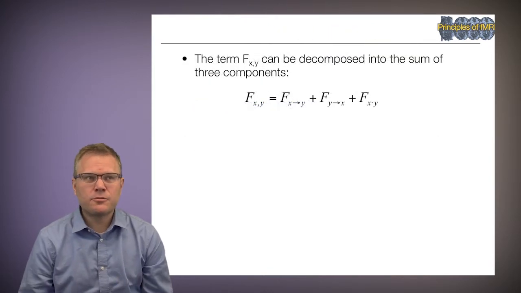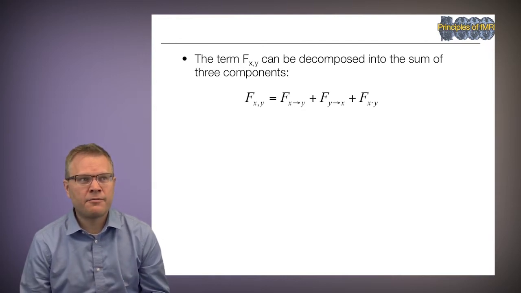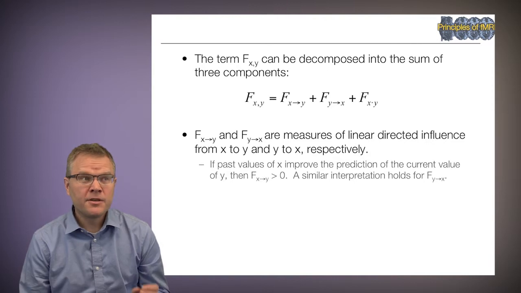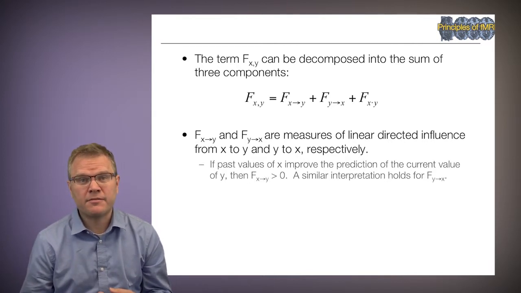The term f of x,y can be decomposed into the sum of three different components: f of x,y is equal to f of x to y plus f of y to x plus f of x dot y, the dot product here. f of x to y and f of y to x are measures of the linear directed influence from x to y and y to x, respectively.